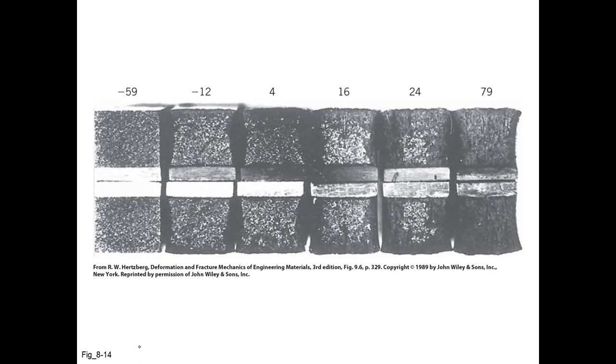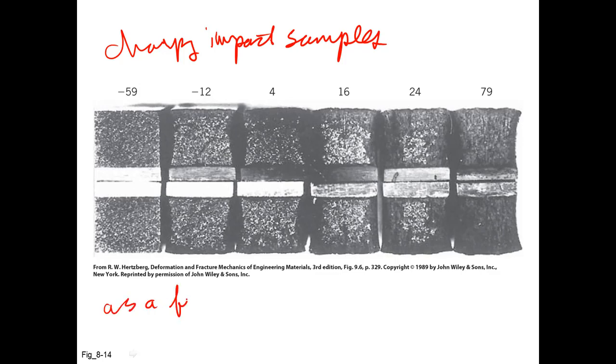We're looking here at a series of low carbon steel Charpy impact samples. Obviously, a macro view of those. And we're looking at the Charpy samples as a function of testing temperature.